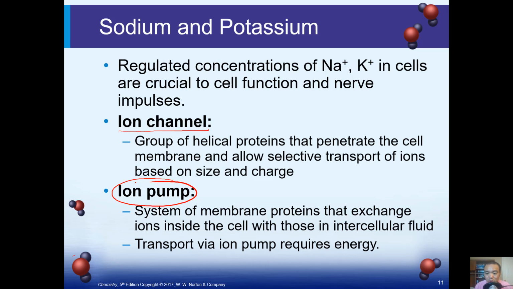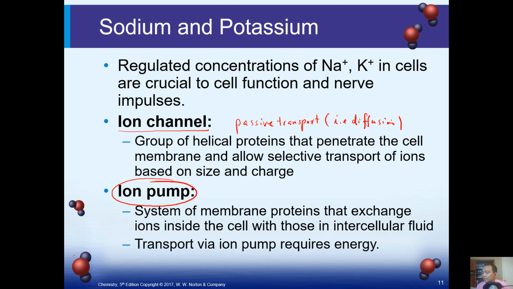Recharging the system requires active pumping of sodium ion out of the cell and potassium ion into the cell. Flow through the ion channels is a type of passive transport, because it could be done by something like so-called diffusion, which is natural.